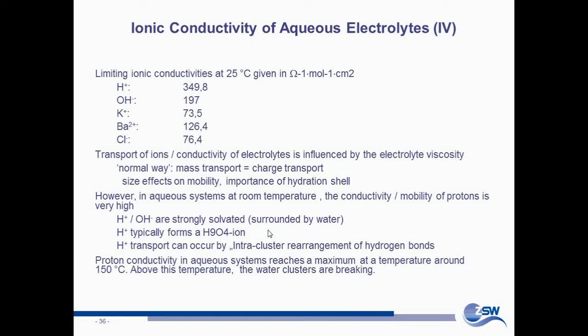In a sense, we have to wonder why on earth these constituents of water stick out of the ordinary conductivity values that we find for ions in solution, and why this extra conductivity vanishes at about 150 degrees.